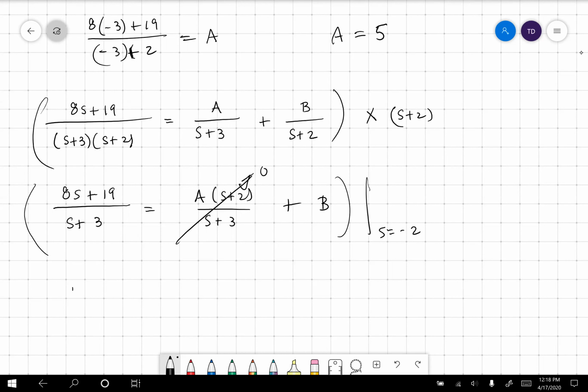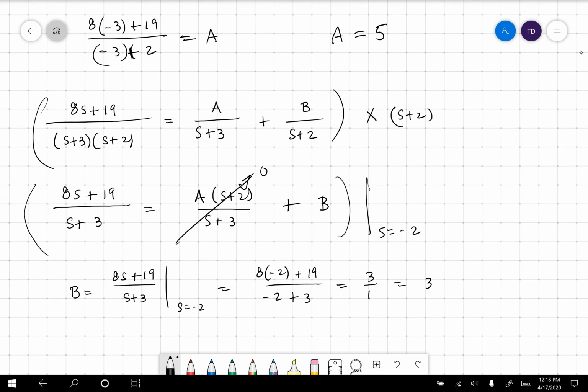And so B is going to be equal to (8s plus 19) divided by (s plus 3), evaluated when s is equal to minus 2. That is 8 times minus 2 plus 19 over minus 2 plus 3, which is equal to 3 over 1, which is equal to 3.